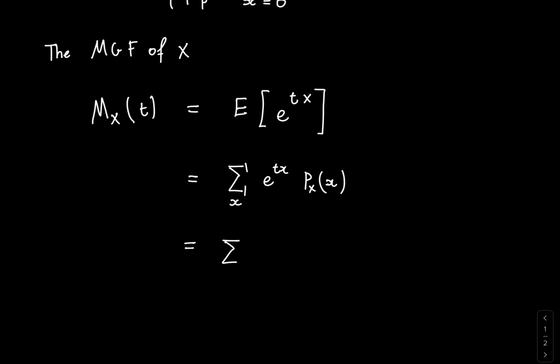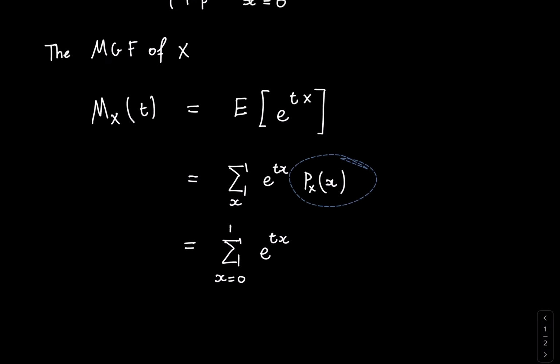So in the summation, I'm going to write x is equal to 0 to 1, because those are the only two values. Now, there's not much more we can do to e to the tx right now, so I'm just going to rewrite it as e to the tx.